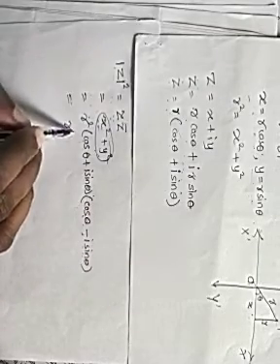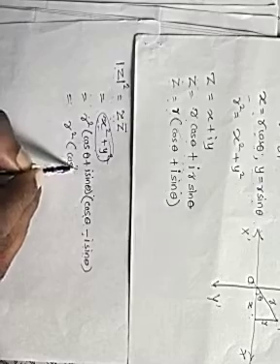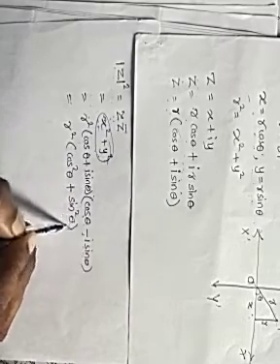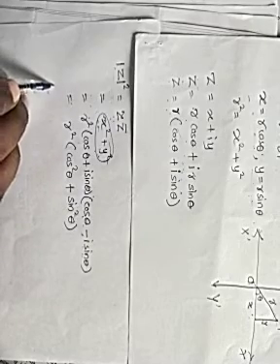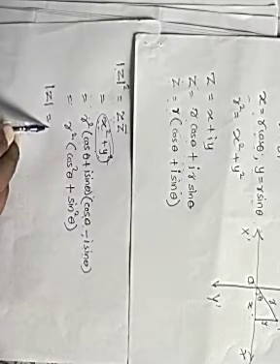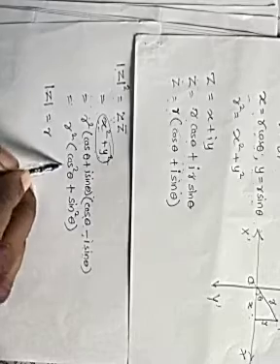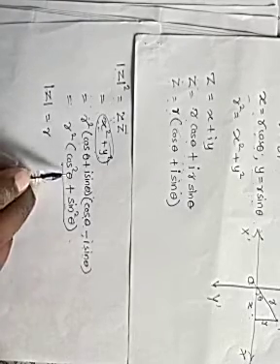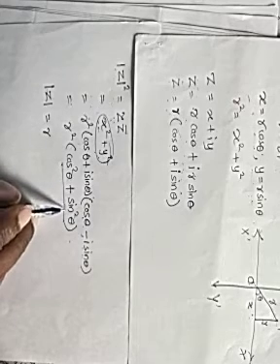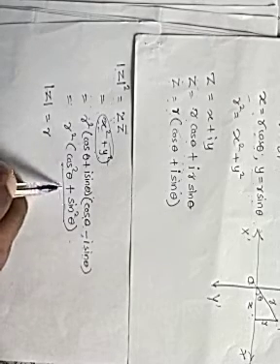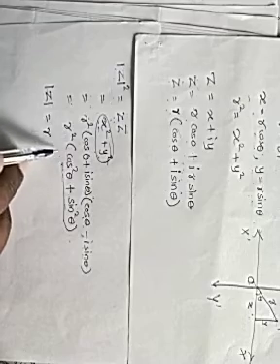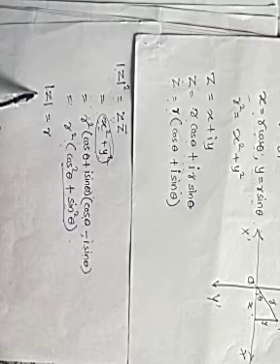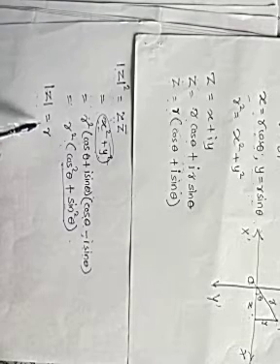So this whole expression becomes r square times cos square theta plus sin square theta. We know using trigonometry that sin square theta plus cos square theta is equal to 1, therefore r square into 1 means r square. So mod of z square is r square, and mod of z is equal to r.